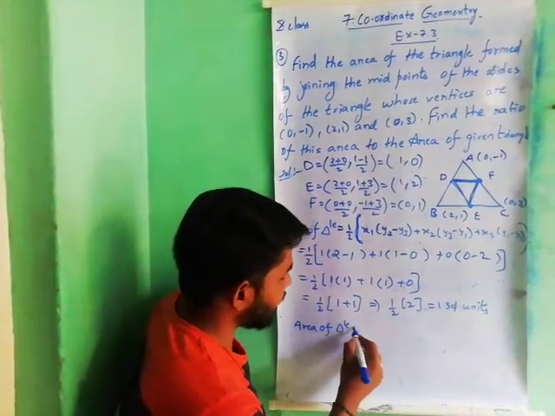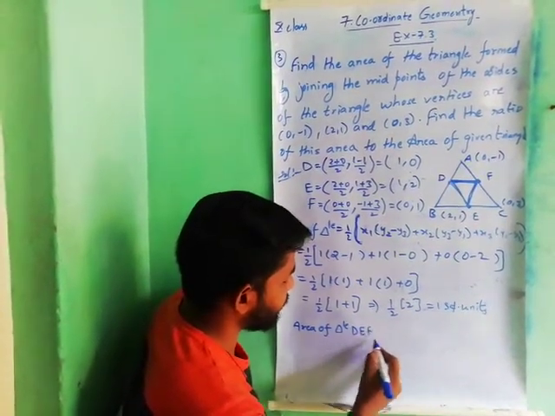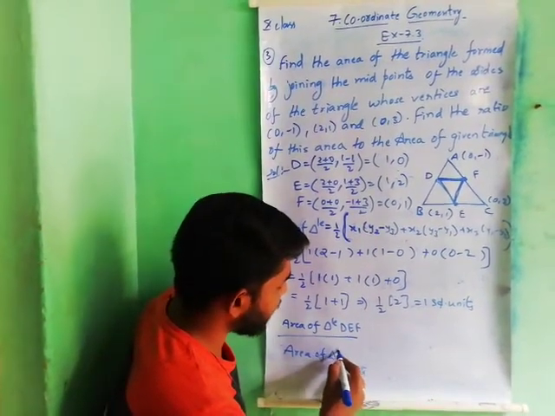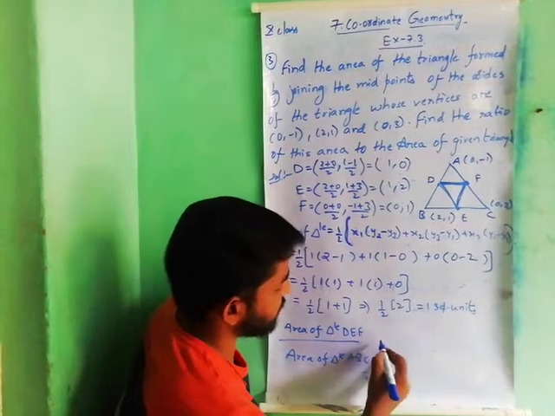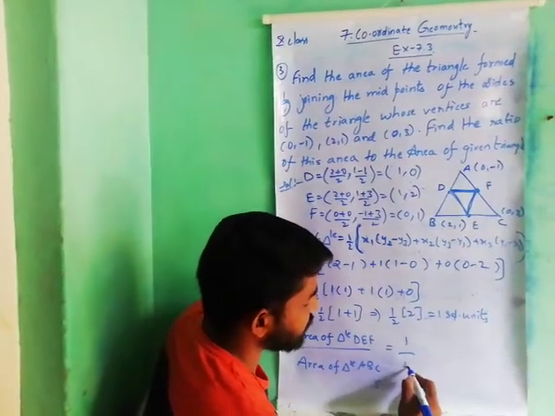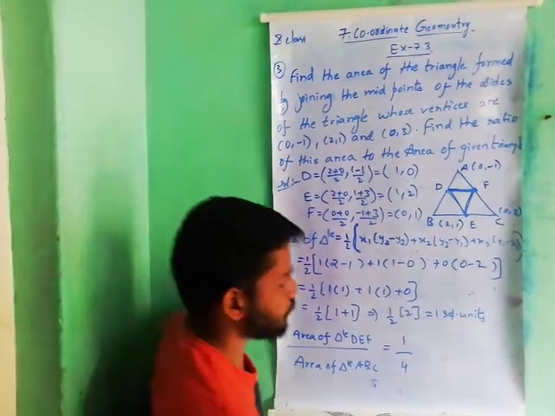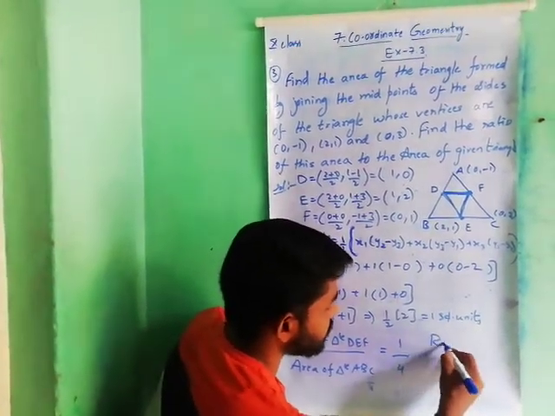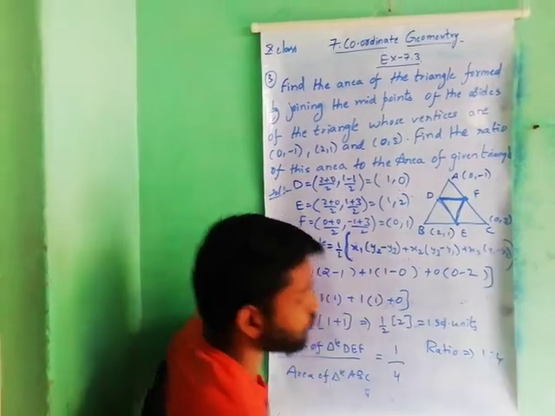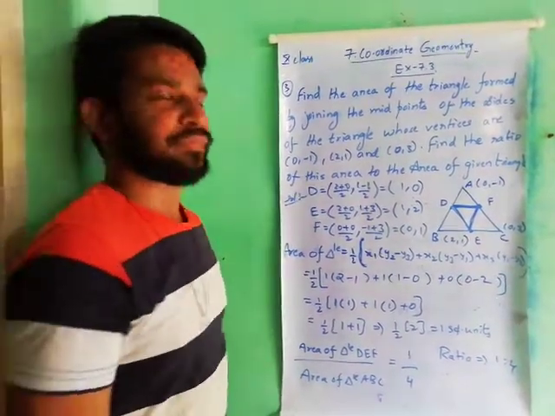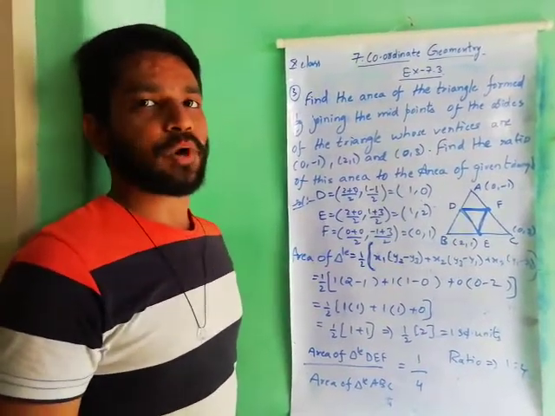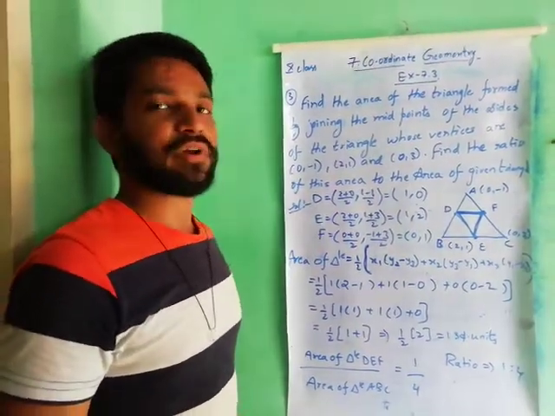Area of triangle DEF by area of triangle ABC is equal to, here it is 1 square unit, here it is 4 square units. So the ratio is 1:4. Understand? So next video we will discuss the 4th and 5th problems in exercise number 7.3.